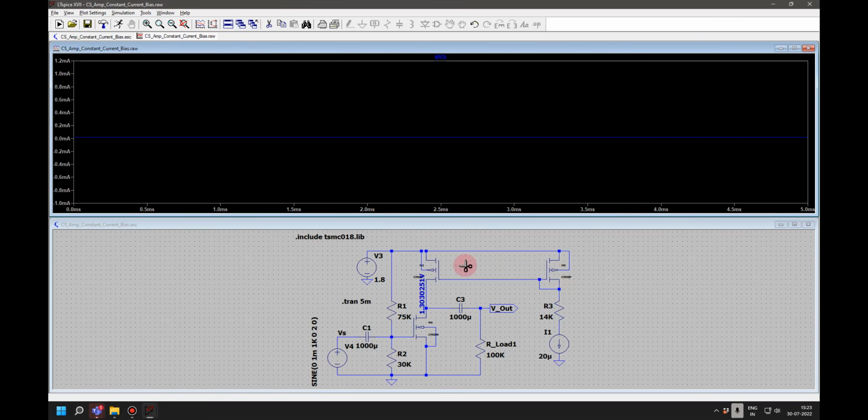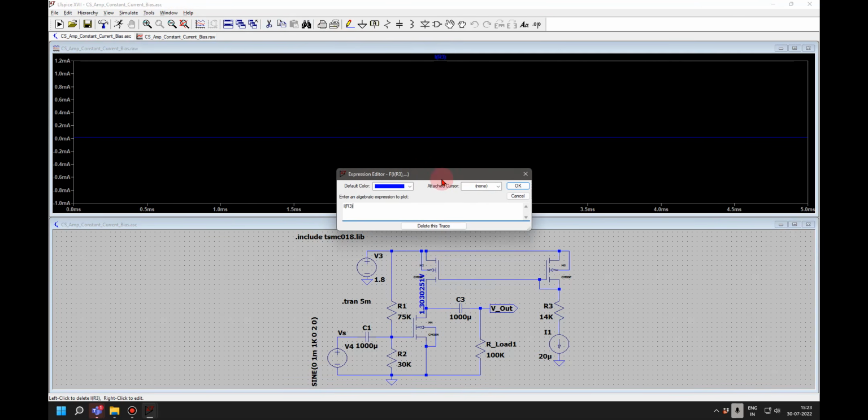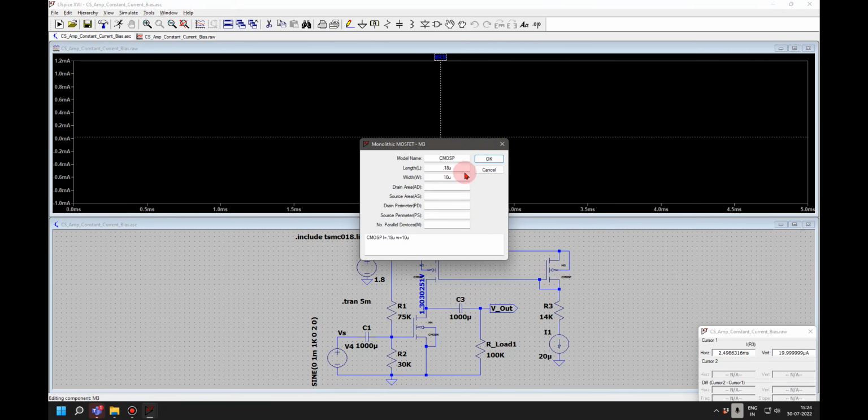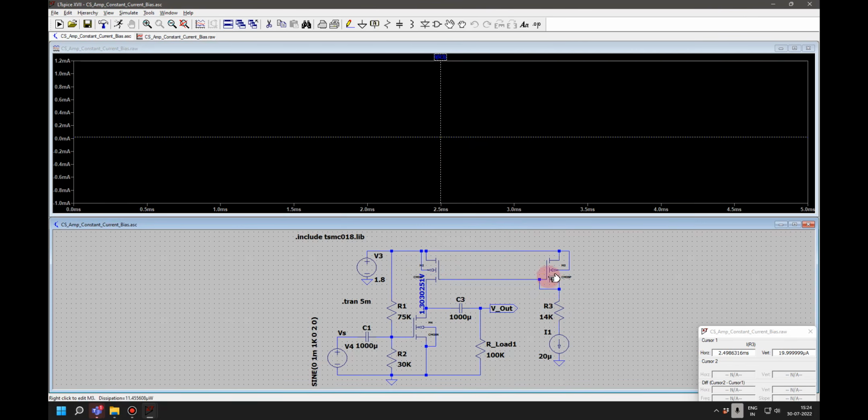Okay, now I have to put a marker there. It is around 19 micro, but I have placed this as 10 micro and I place this as 100 micro. So 10 times the current flows here.